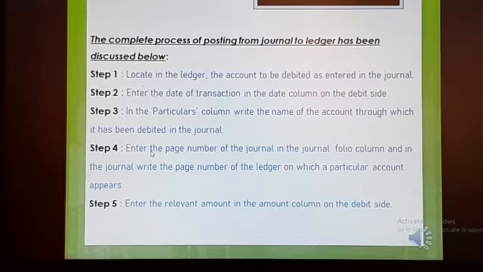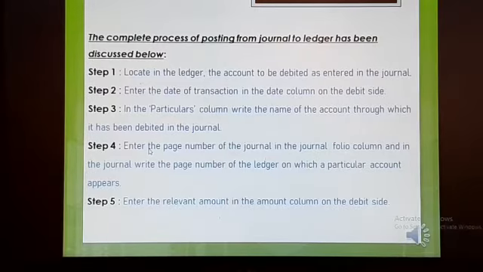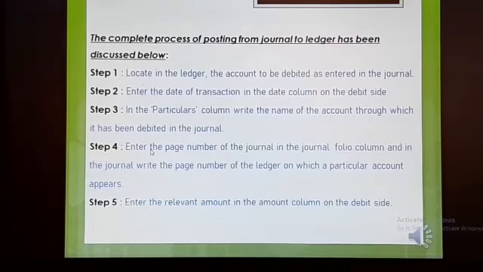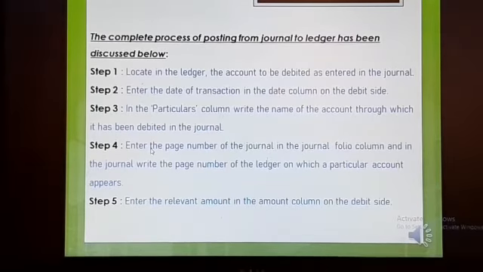Step 4. Enter the page number of the journal in the journal folio column, and in the journal write the page number of the ledger on which a particular account appears. And Step 5 is to enter the relevant amount in the amount column on the debit side.